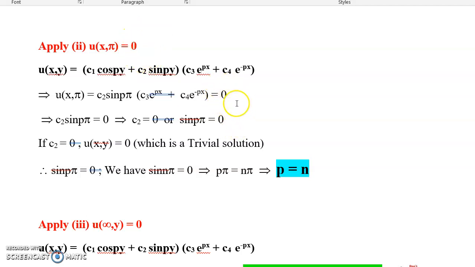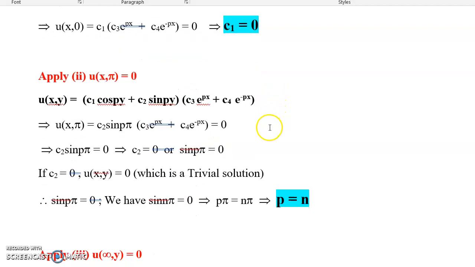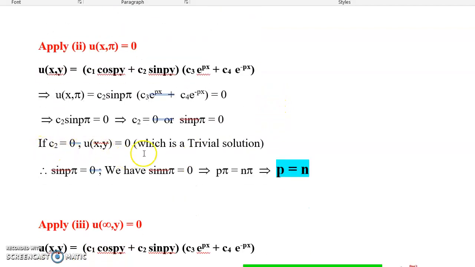You have to put that 0 here. And when you observe this, you should not touch the term having the variable. Which needs to be 0? Either C2 will be 0 or sin pπ will be 0. If you assume C2 is 0, since C1 is also 0, the entire u will become 0.